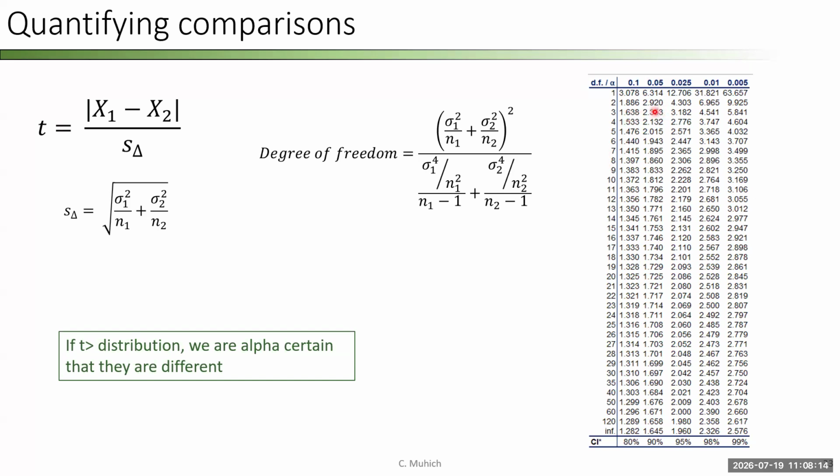If I want to be 90% certain that they're different, I would compare 2.3 to the 2.5 garnered for t, and we can say that t is larger than 2.3. So we would say, I'm 90% sure that these are different. We can't say that we're 95% sure that they're different. If we wanted to be 95% certain, we'd have to look up here and see that I'd need a t-value of 3.18. And they get bigger the more confident you want to be.